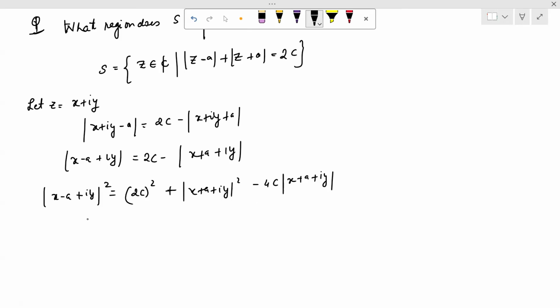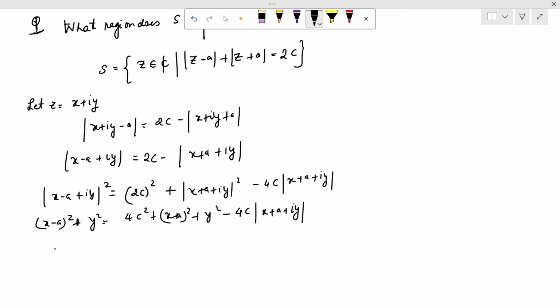I think you can solve it. This will be equal to X minus A whole square plus Y square. Remember, this is mod square. This is equal to 4C square plus X plus A whole square plus Y square, and then minus 4C modulus of X plus A plus iota Y. And from here, X square gets cancelled, A square gets cancelled.